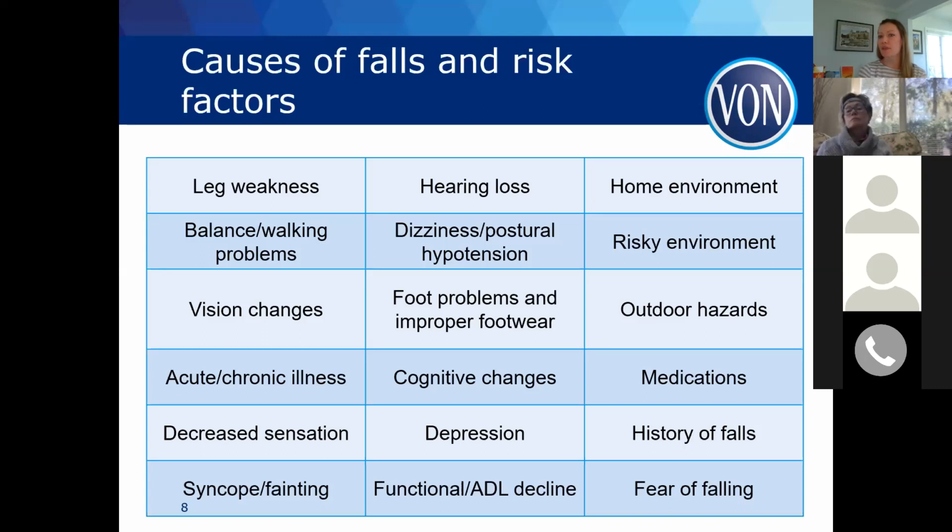And then a fear of falling. So that is that cycle as well that I was talking about before with the footwear. So sometimes if someone has a fear of falling, they restrict certain activities for fear of falling. And then that actually puts them at a greater risk of having a fall because, again, if you're avoiding activities, you're going to lose that muscle strength, lose that muscle mobility, joint mobility, and actually be at a greater risk of having a fall.